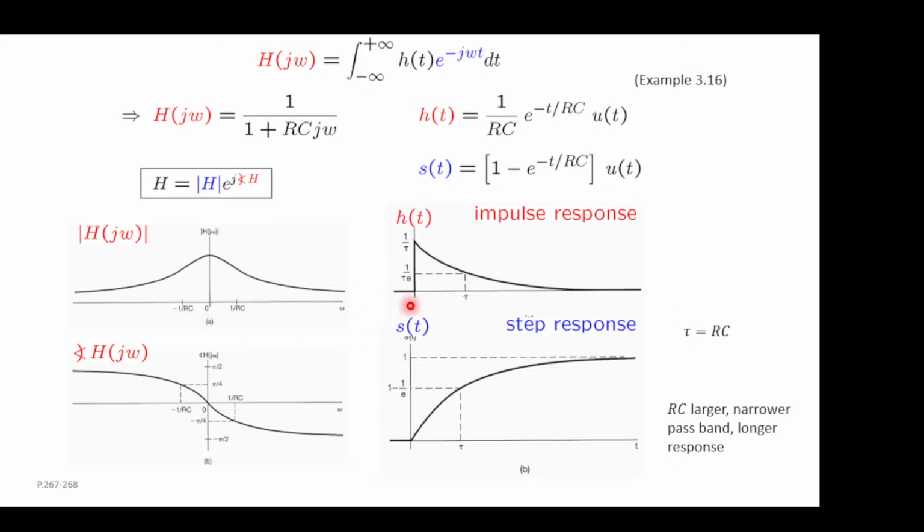So if you want a sharper filter, if you want this 1 over RC smaller, then the response time will get longer. This is a step response: you input your function, and it will take a long time to reach equilibrium.